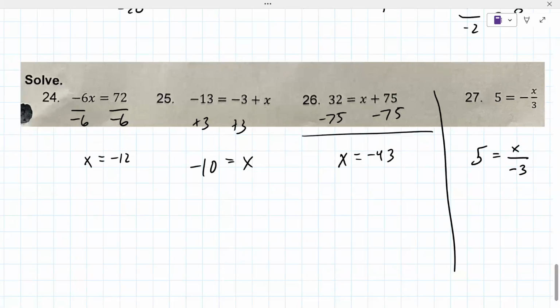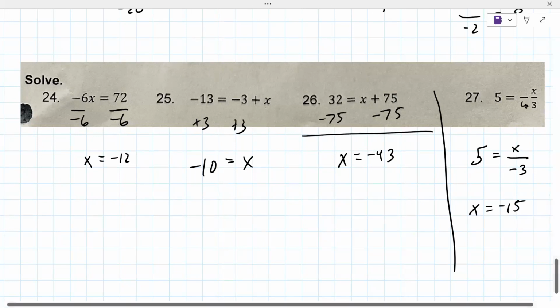That negative really goes down on the bottom if there's a choice. It's times -3. So 5 times -3, 5 times 3 is 15, -15. x equals -15.